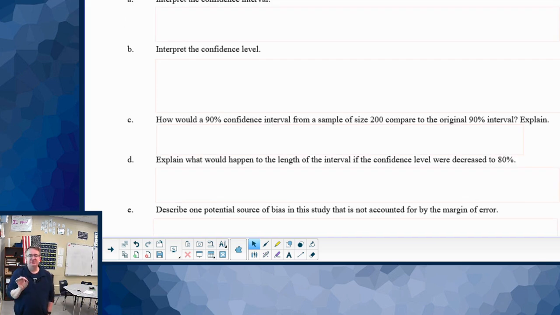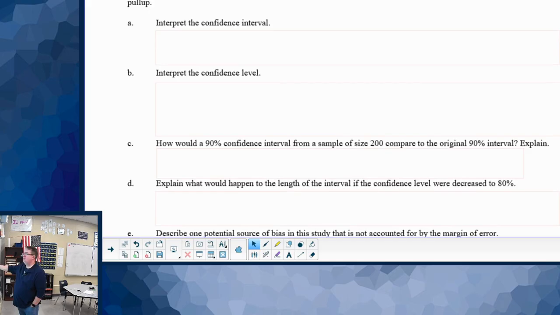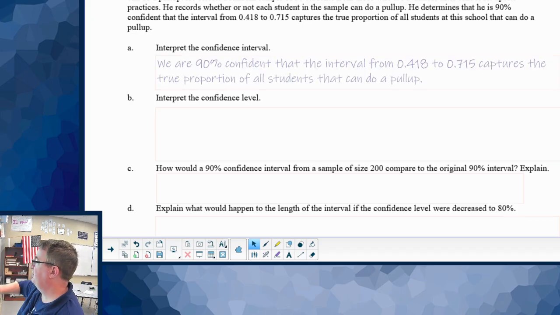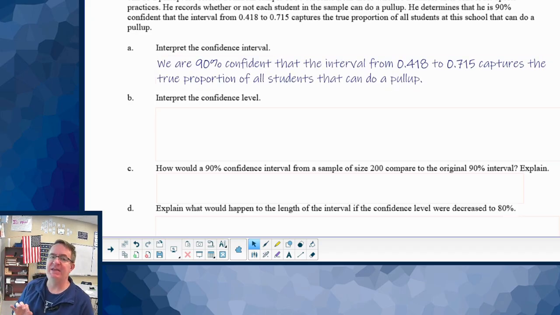Okay, we are going to talk about what the confidence interval is. The confidence level is when we talk about what the percentage means. So in this case, we are 90% confident. Can you tell we usually do 95%? We are 90% confident that the interval from 0.418 to 0.715 captures the true proportion of all students that can do a pull-up.